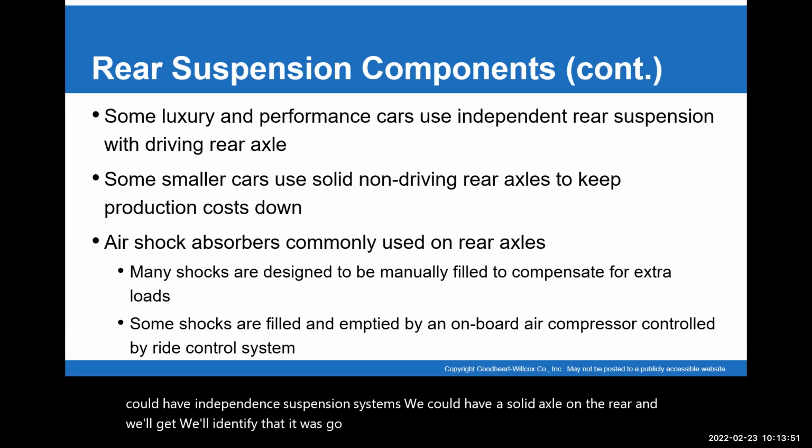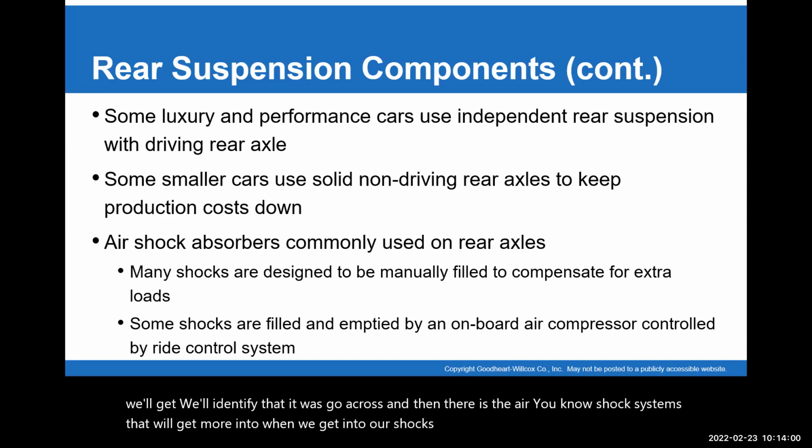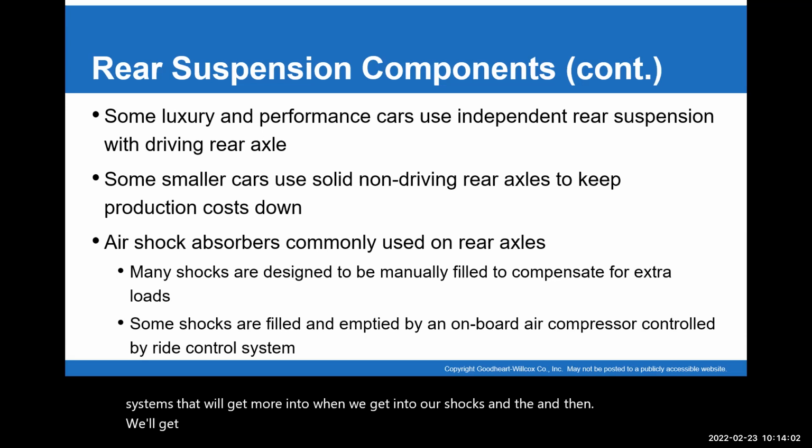And then there are the air shock systems that we'll get more into when we get into our shocks, and then we'll get into the ones that have the onboard compressors, and some of the systems are electronically controlled too.